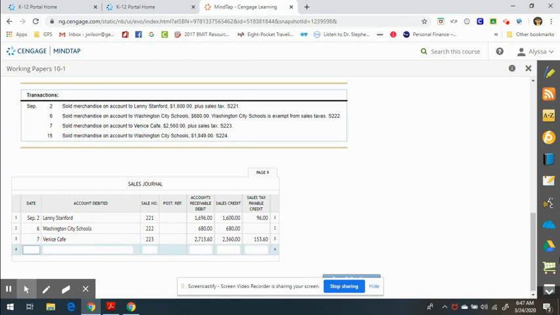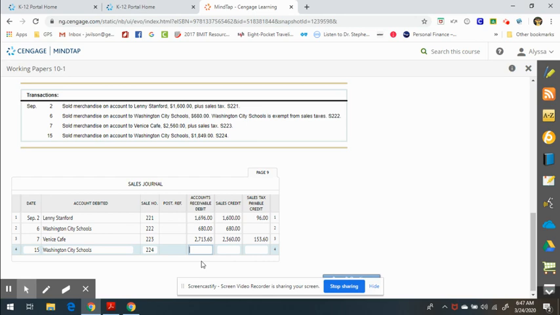Last transaction. On the 15th, sold merchandise on account to Washington City Schools, $1,849. Sales invoice 224. So our account title is Washington City Schools. Our sales invoice number is 224.